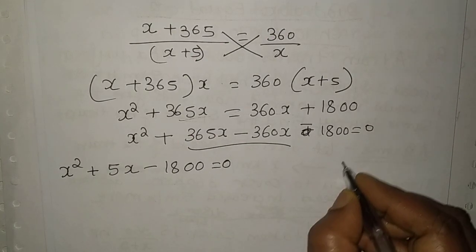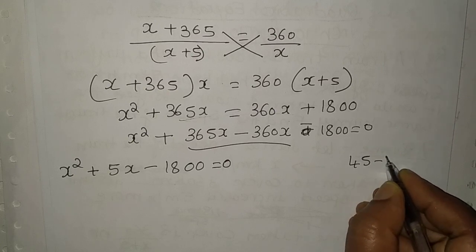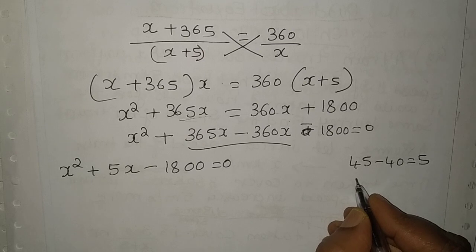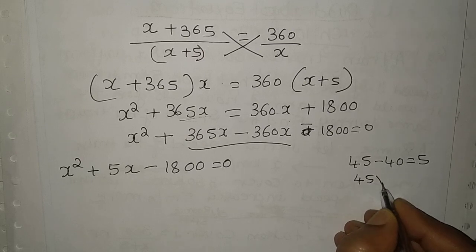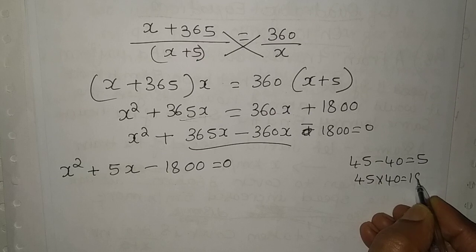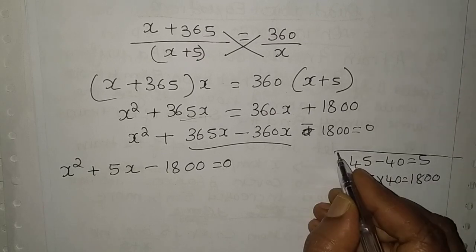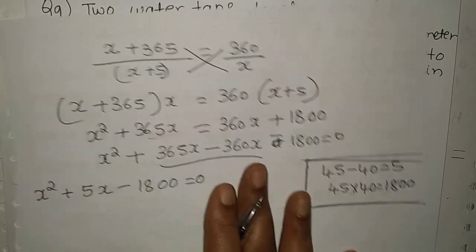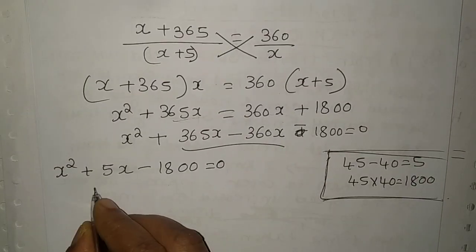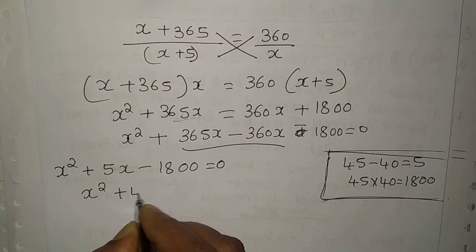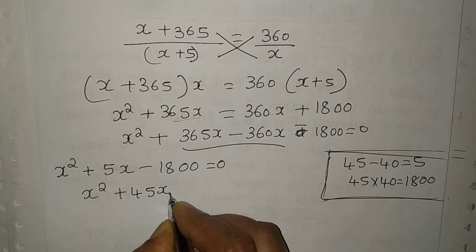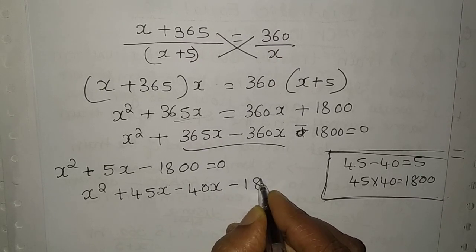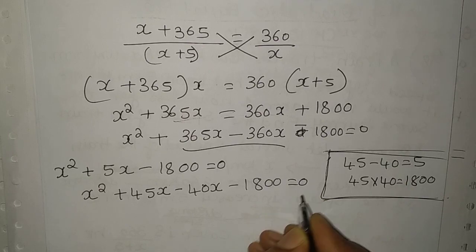Now we will see 45 minus 40 is equal to 5, and 45 into 40 is equal to 1800. So we have to take this working. Just I have shown the working here. Now we will take x square plus 45x minus 40x minus 1800 is equal to 0.